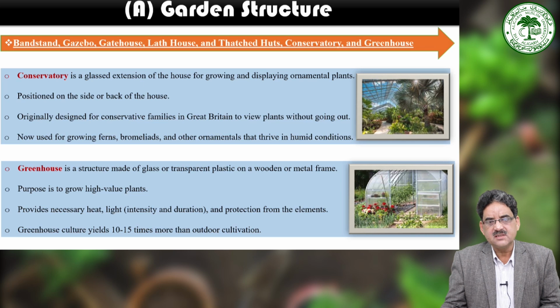Its primary function is to supply the essential requirements of heat, light in terms of both intensity and duration, and protection from adverse weather conditions. The practice of greenhouse culture has been proved to yield 10 to 15 times more produce compared to traditional outdoor cultivation.